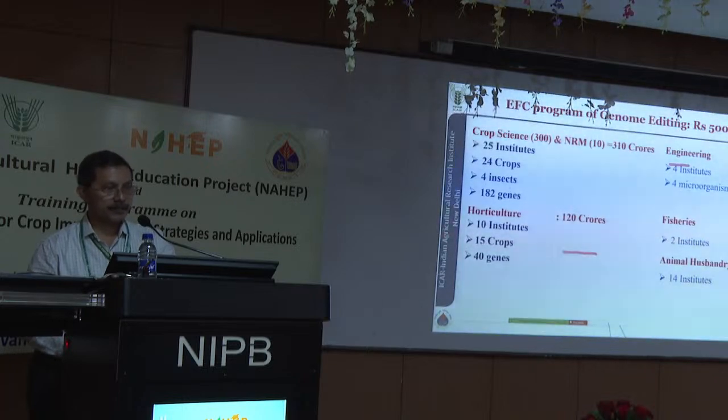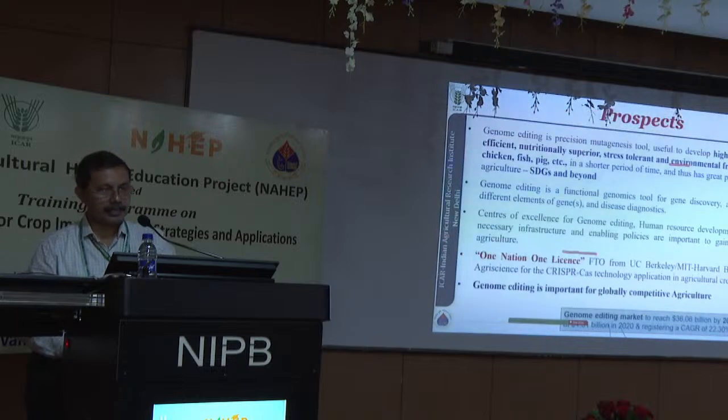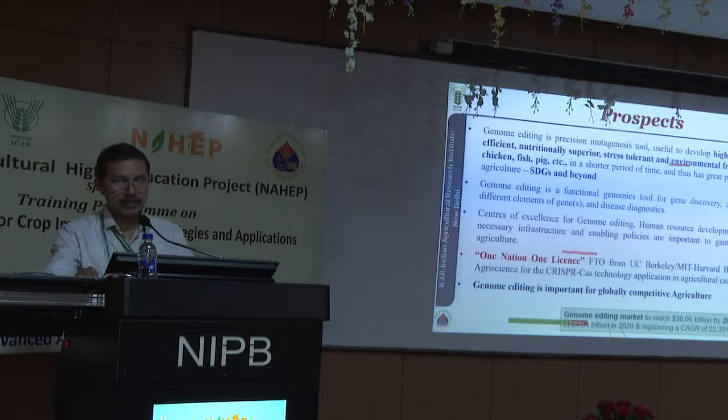So you have a lot of opportunities: about 24 crop science institutes, 10 horticulture institutes, 4 institutes of engineering SMD, 2 institutions from fisheries SMD, and 14 institutes from animal sciences SMD. They are all working on genome editing with this mega funding provided by the government of India. So the potential of genome editing is very well recognized and appropriately funded by the government of India.